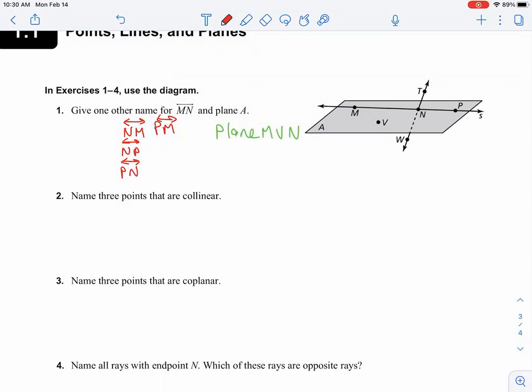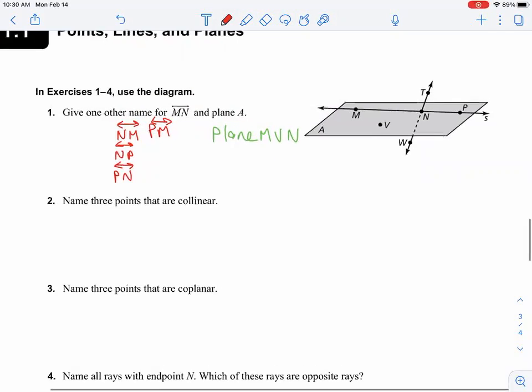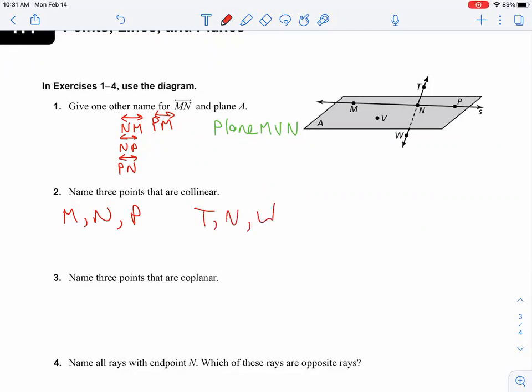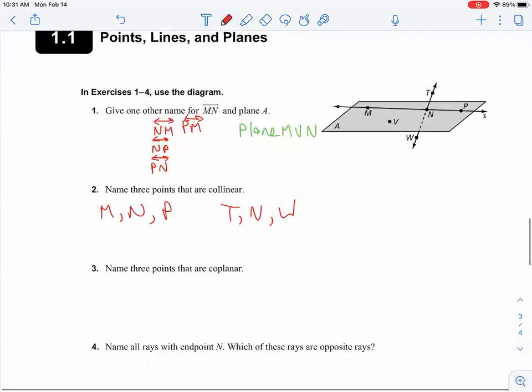So for number 2, 3 points that are collinear, you could say M, N, and P are collinear. That means on the same line, okay? You also could say T, N, W. Okay, you don't need to do them both, by the way, but that would also be a correct answer. 3 points that are coplanar.